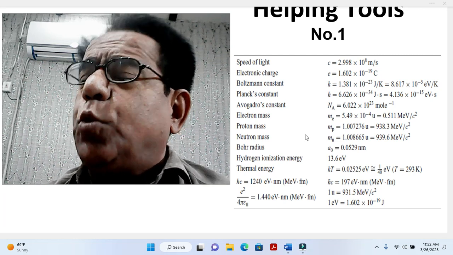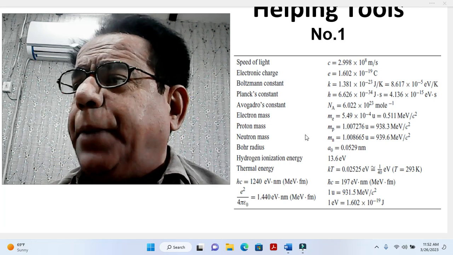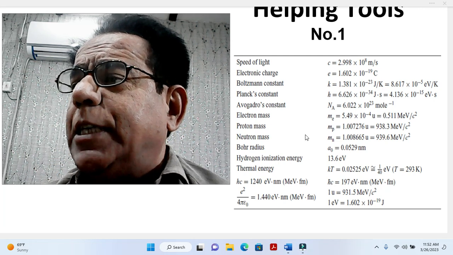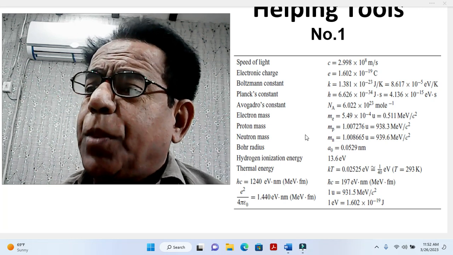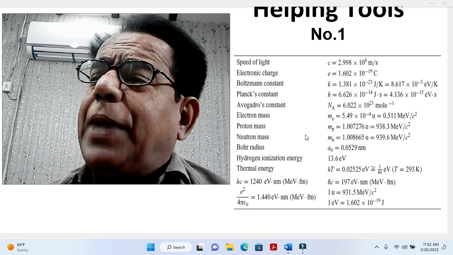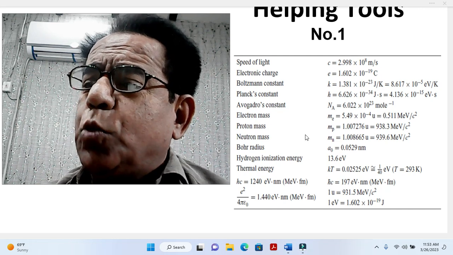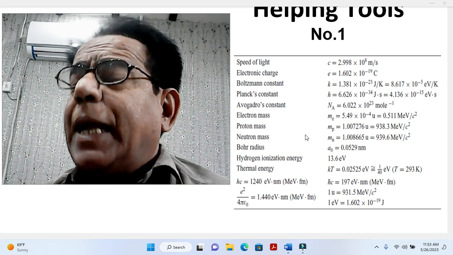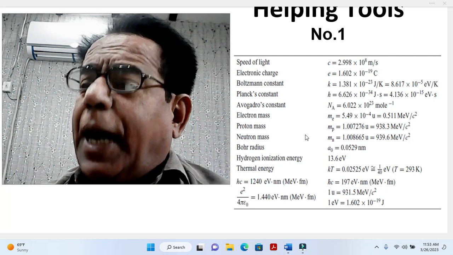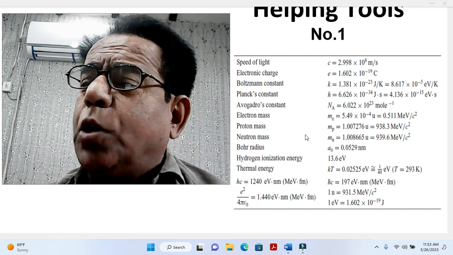Moreover, Planck's constant h, which is given in two different systems, not only in joule second but also in electron volt second. Moreover, combined value of h and c, that is hc equal to 1240 electron volt nanometer, or in other words million electron volt femtometer.